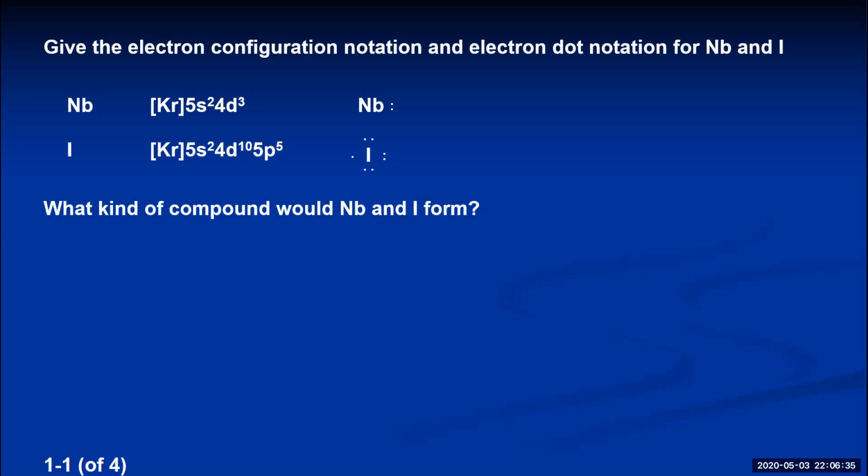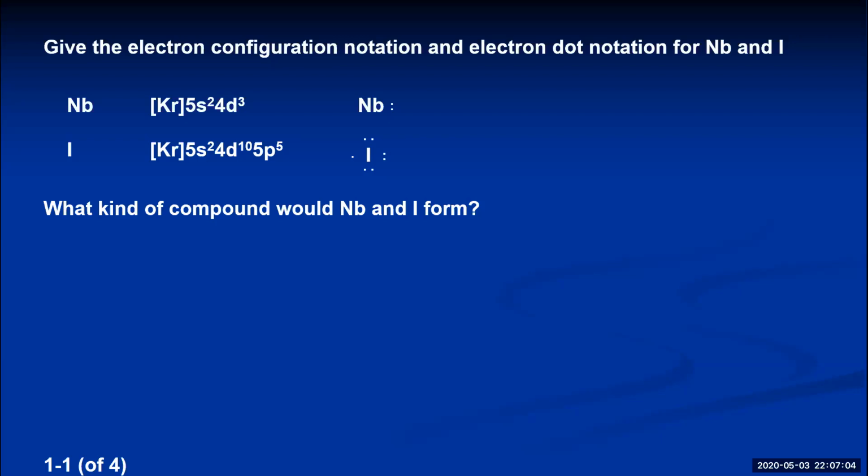Next, what type of compound would you expect niobium and iodine to form? Niobium is a metal, iodine is a nonmetal, and when metals and nonmetals bond, they form ionic compounds because the metals have a low amount of energy needed to remove their valence electrons, so they easily form positively charged ions, while the electrons are attracted to the nonmetal atoms, and those nonmetal atoms form negative ions.